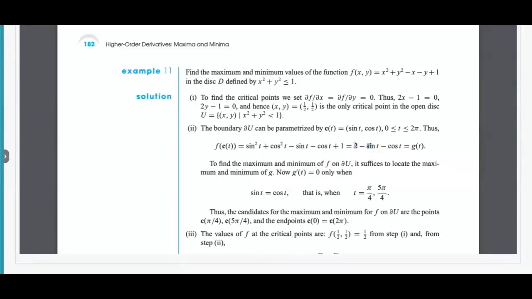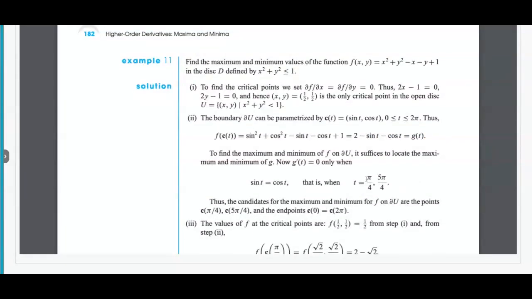This is a single variable function, so we just use single variable calculus. Then we solve for the angle t and get two solutions, pi over 4 and 5 pi over 4.